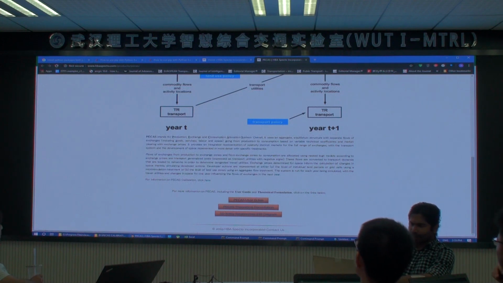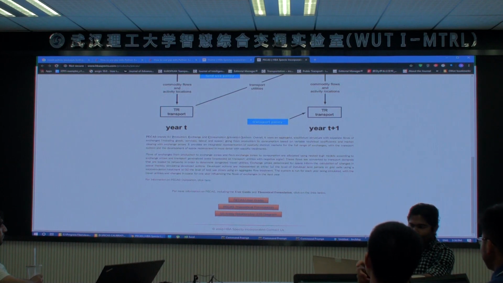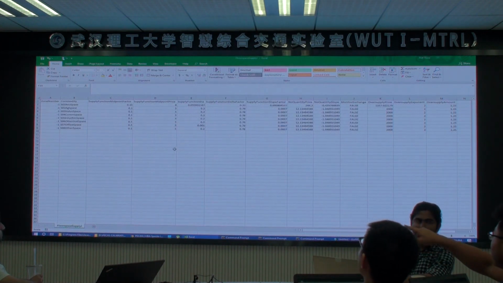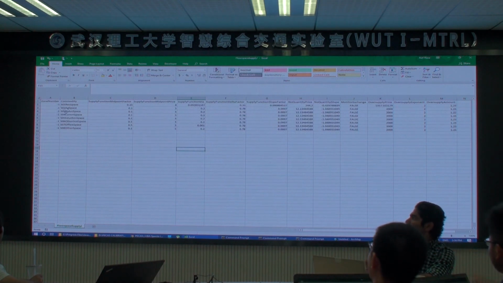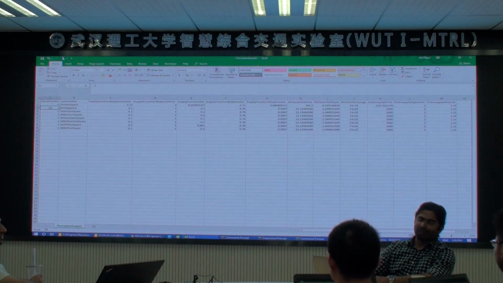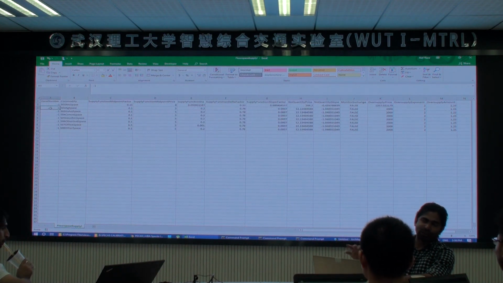I also want to point out this last column, with the -1. The -1 means we are applying the function for all the zones. This is actually for the coding. In the PECAS code, if you put -1, that means I'm going to apply this function for all the zones.